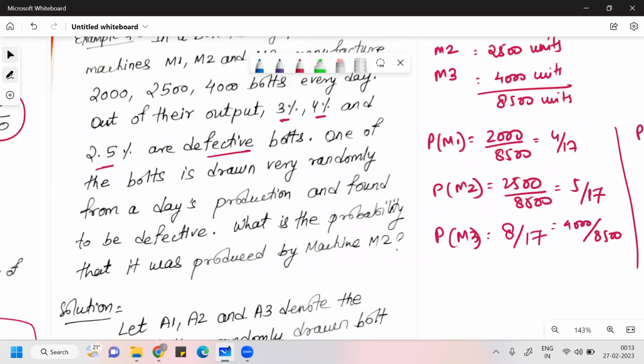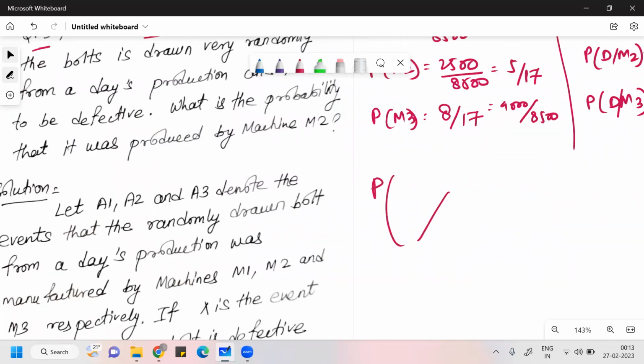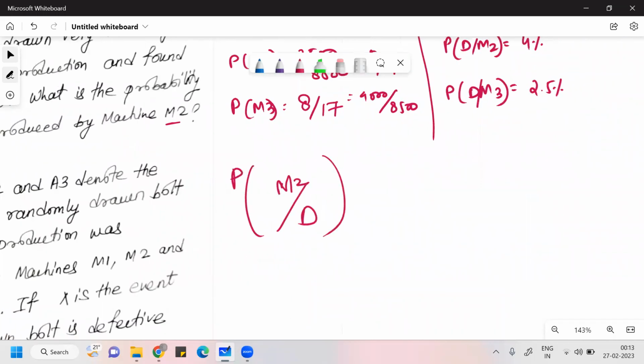Then one of the bolts is drawn randomly from the day's production and it is found to be defective. So you got one bolt and that is defective. What is the probability it is from machine M2? This is your question. So how will you do this? This is very simple.